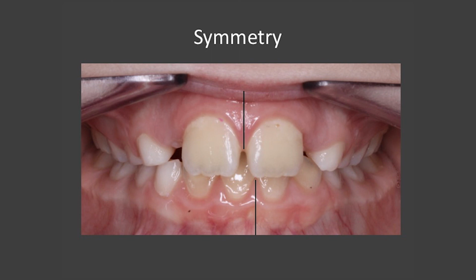You can do this just having the patient smile at you right before you stick the tongue depressor in. Look at the symmetry. If the symmetry is off, that mandible, the lower jaw, is being asked to function off to the side. That's going to affect the growth and development of their entire face if they live with this for their entire growing years. We like symmetry in orthodontics.